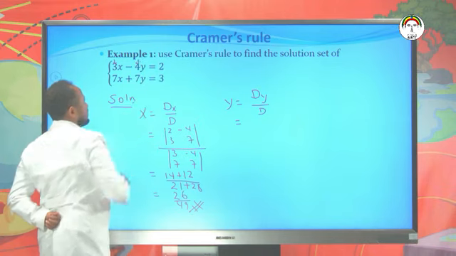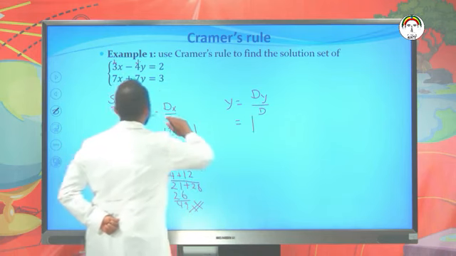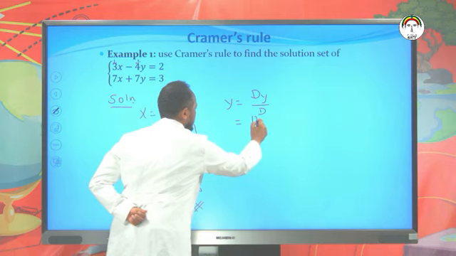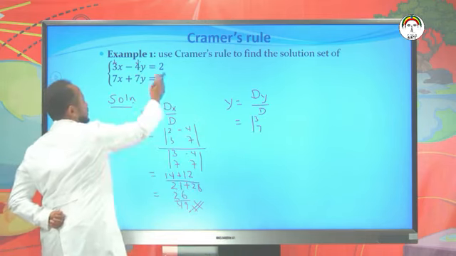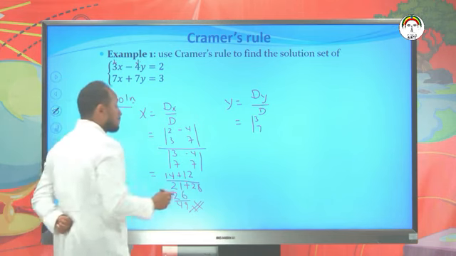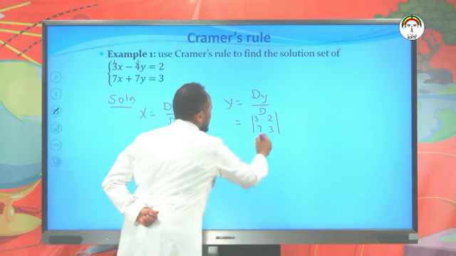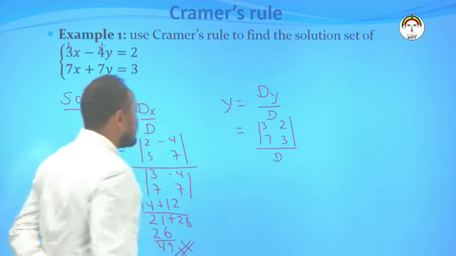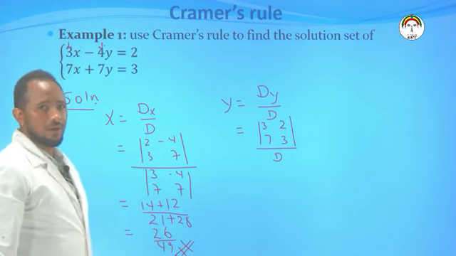Therefore, this is the determinant of 3, 7, and this part is changed by the solution to 3, divided by the determinant of the coefficient matrix. Since we have found d here, it's 49, no need of doing it again.